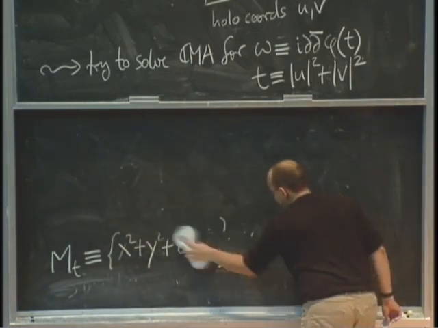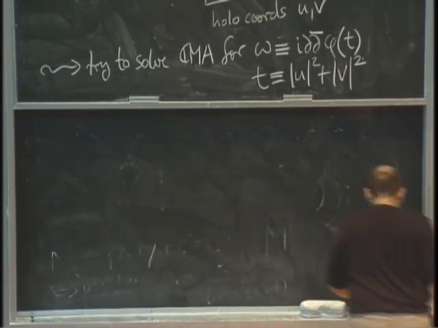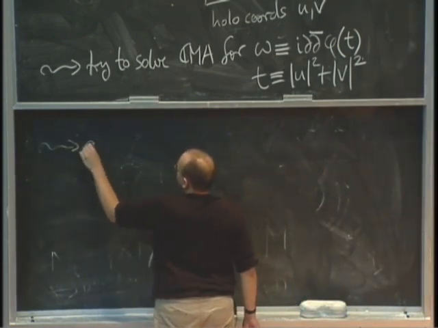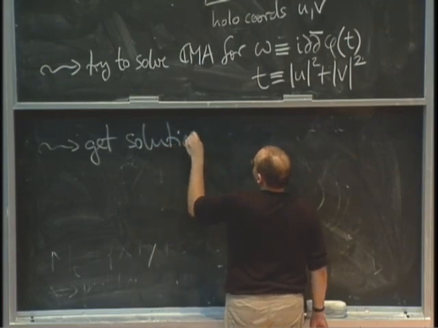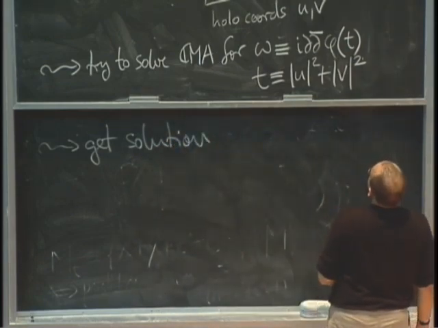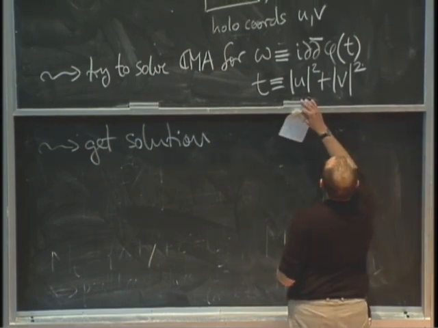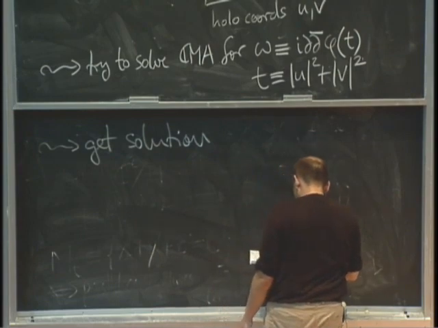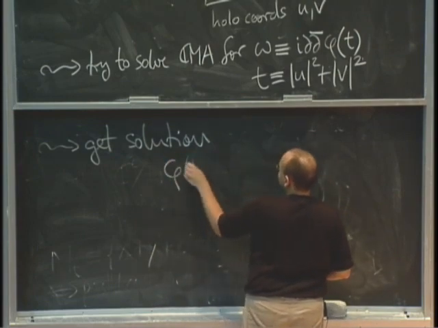What you're going to get is a solution. Maybe I shouldn't be calling this t. Anyway, what you're going to get is phi of t.